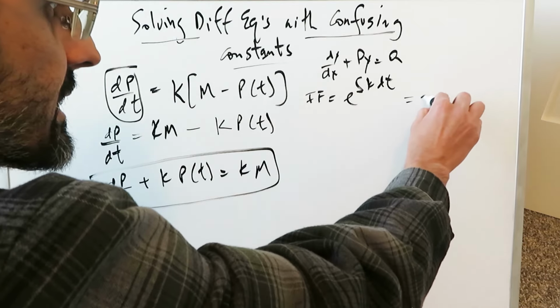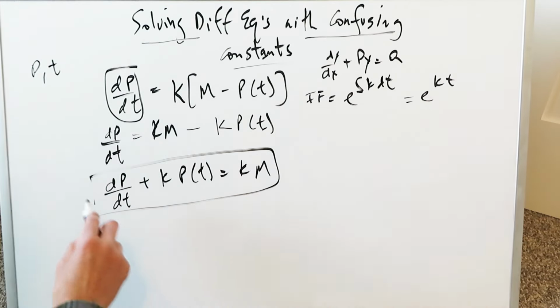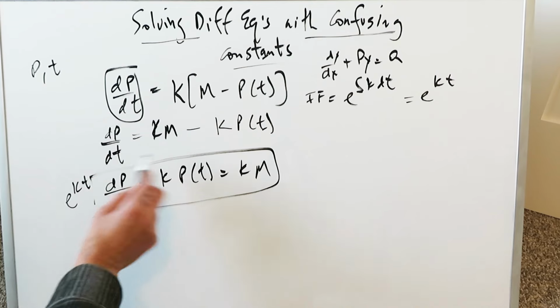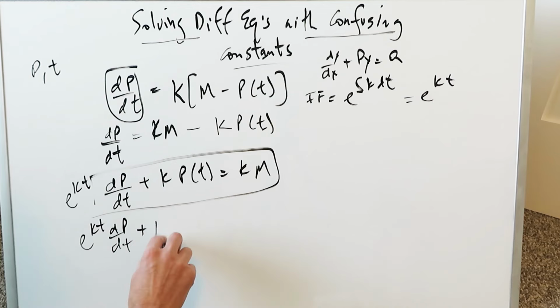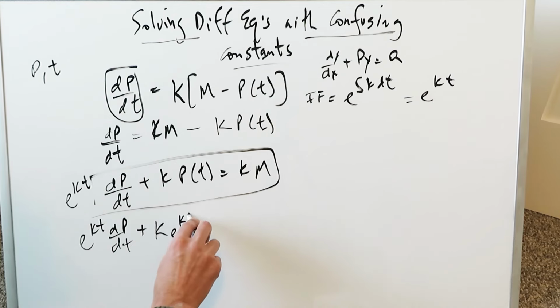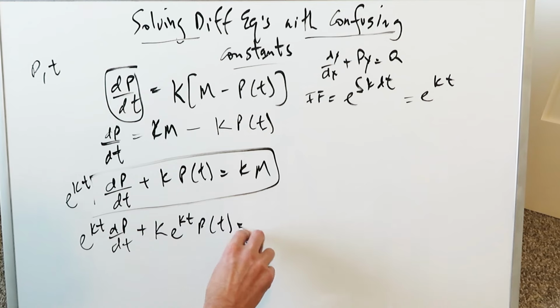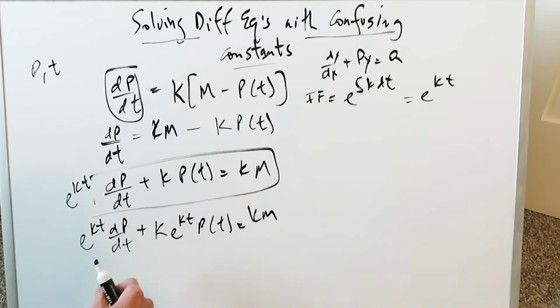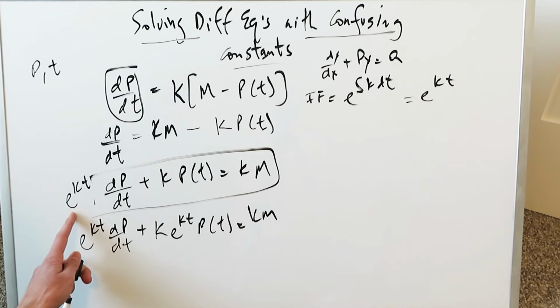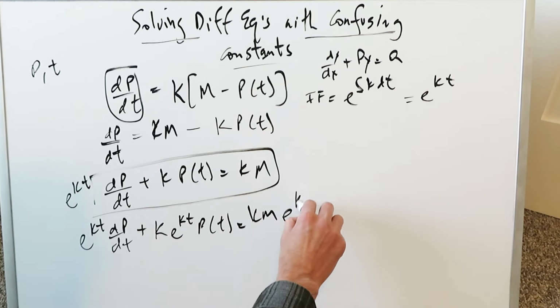When you're doing this, you're getting e to the power of kt, which will then multiply with everything you see over here. When you do that, you'll have e to the power of kt dp over dt plus, I'm going to put this k first, which is fine, then e to the power of kt pt is equal to, I'm going to put km first because these have been determined to be constants, and this right here will have the variable attached.